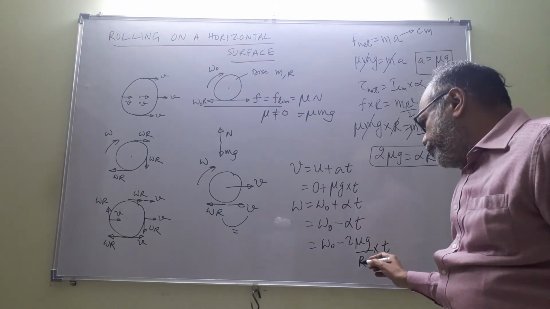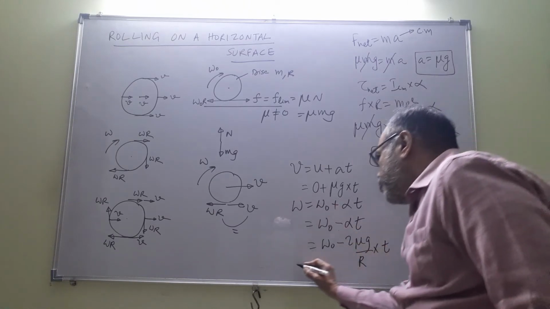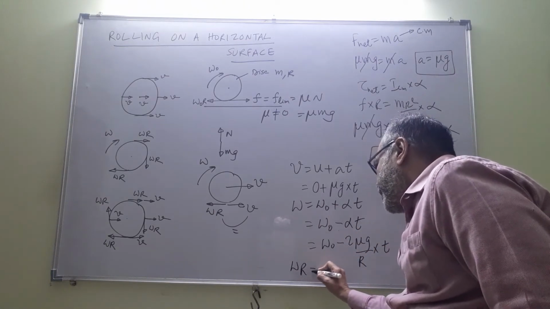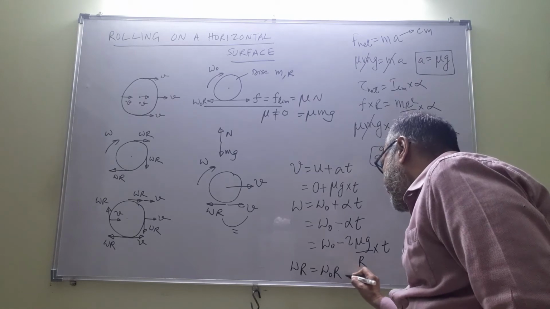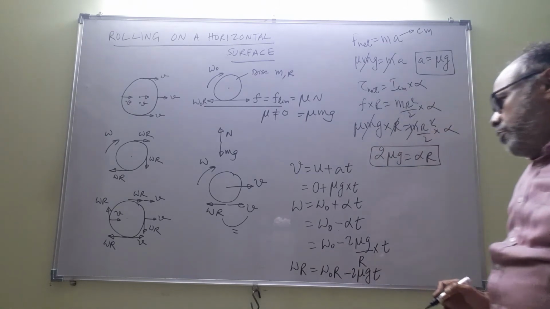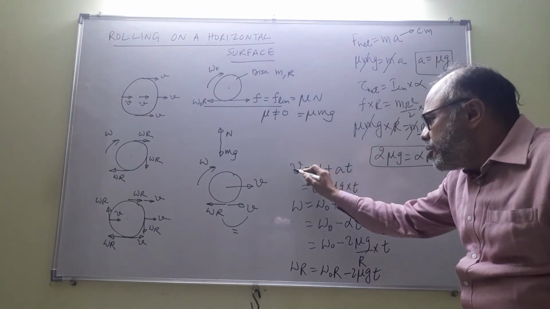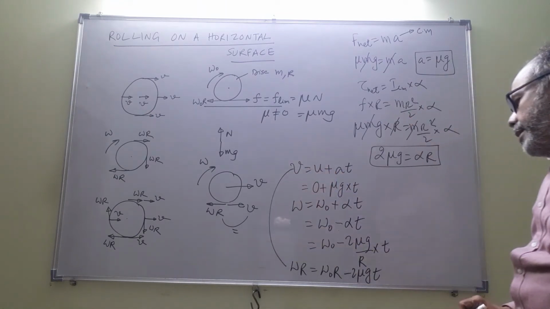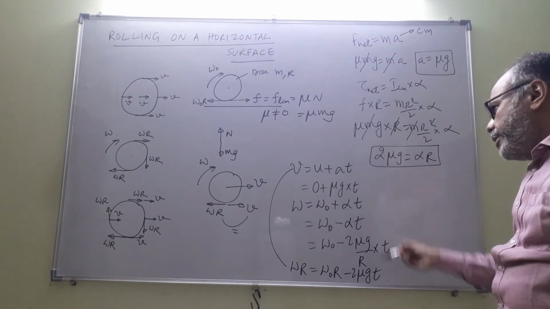If you multiply it by r throughout, you would have omega r is equal to omega naught r minus 2 mu g into t. Now the situation comes where v becomes equal to omega r. So let us equate these two.